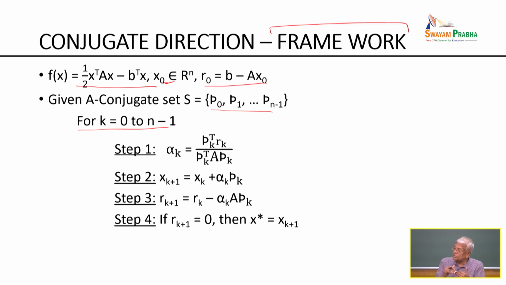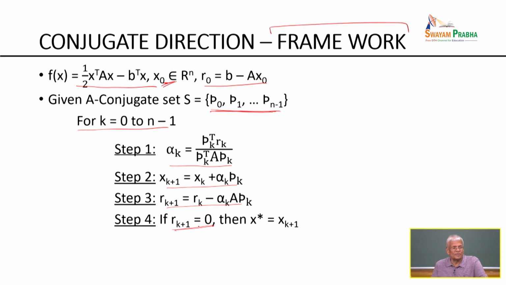In fact, we are going to introduce an exit condition because we may be able to shorten the number of iterations needed. So, what does the algorithm framework look like? Given p naught, p1, p2, up to pn, and given the starting point x naught, I can compute alpha k for k equal to 0. Then I can compute x1, I can compute r1. If r1 is 0, I am already at the minimum.